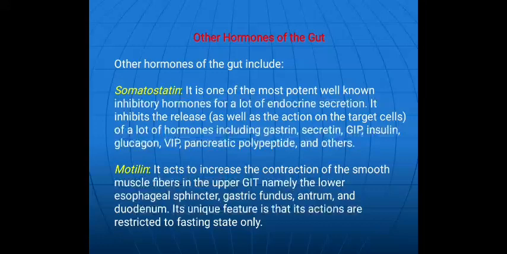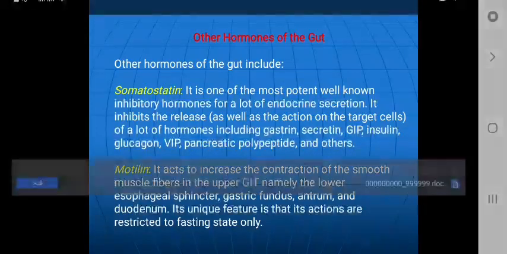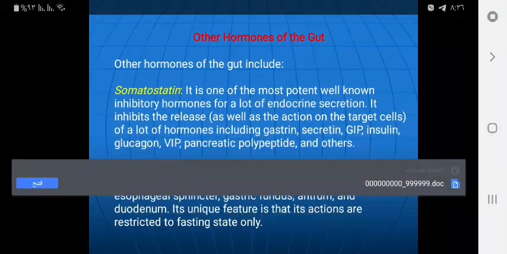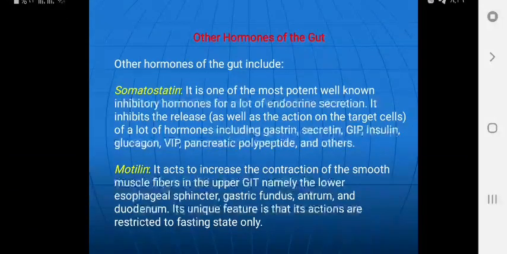I will also touch on some other hormones in the GIT. Other hormones of the gut include somatostatin. It is one of the most potent, well-known inhibitory hormones for a lot of endocrine secretion.